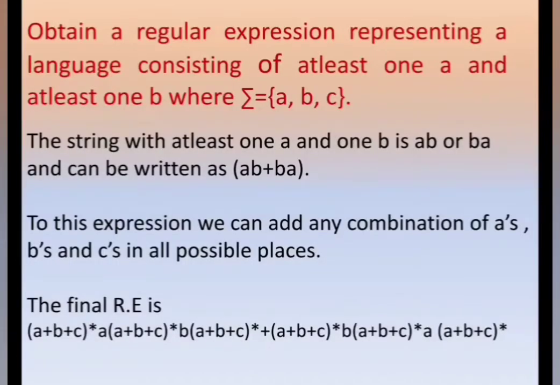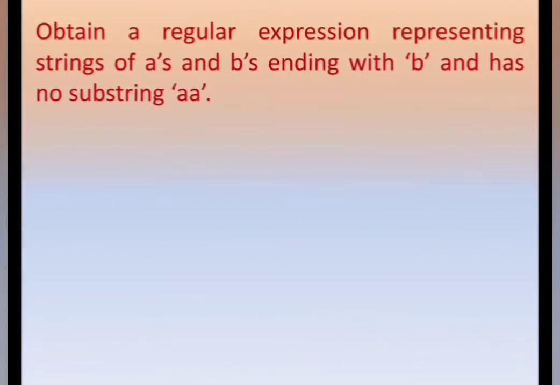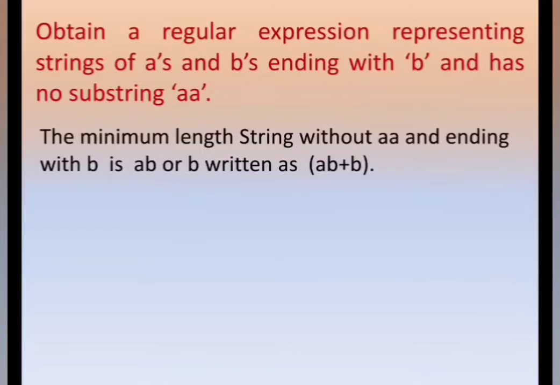One more problem is: obtain a regular expression representing strings of A's and B's ending with B and having no substring AA. Strings with no substring AA means there should not be two continuous A's. The minimum length string without two continuous A's and ending with B is either AB or B. But the string may contain any number of B's or AB's.